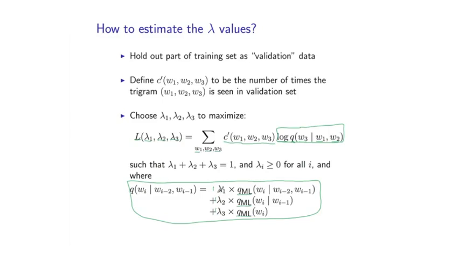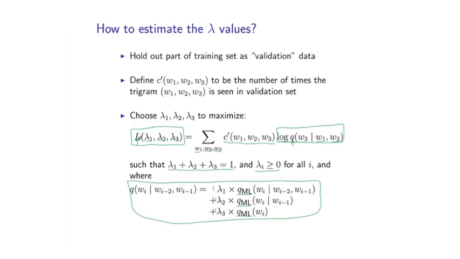So as these three lambda parameters vary, these q values will vary, and because of that, the value for L will vary. And so we'll set up an optimization problem where we attempt to maximize L under our constraints that these lambdas are positive and that they also sum to 1.